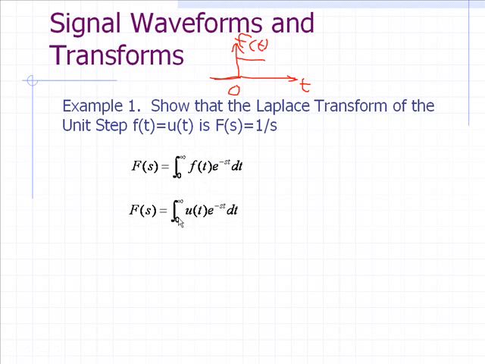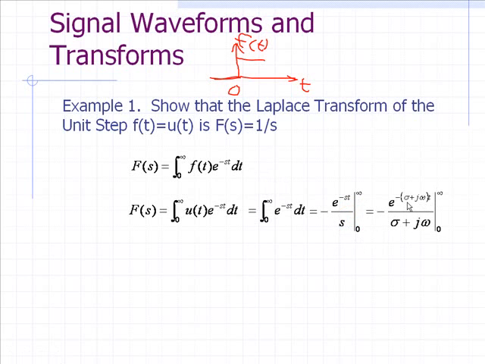Substitute right here. It exists from 0 to infinity: the integral from 0 to infinity of e to the minus st, since u of t is 1 from 0 to infinity. Evaluating the integral, you can use the tables. So e to the minus st divided by s, with a minus sign in front because of the minus sign of the e up here, evaluated from 0 to infinity. Here s consists of a real part and an imaginary part.